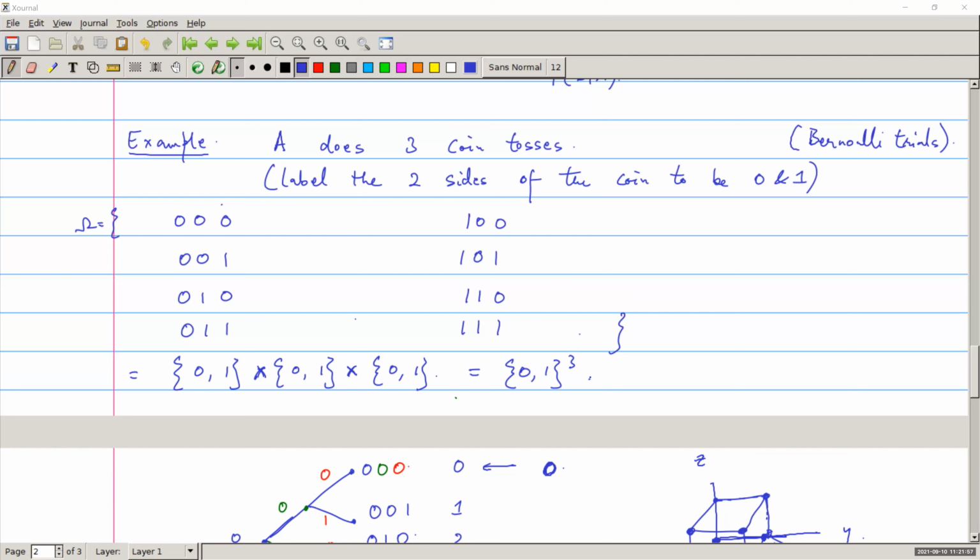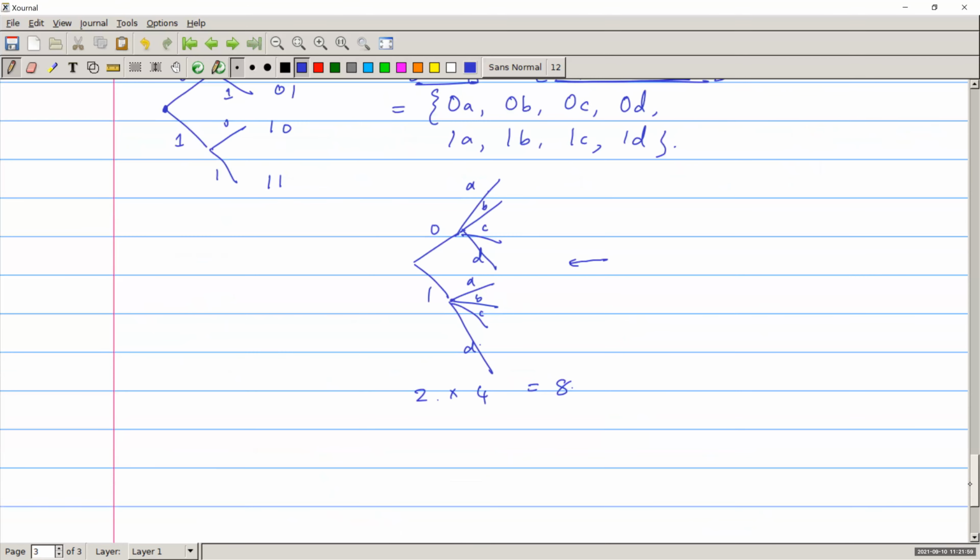If you have a setup like this, the set that you come up with is 0b, 0c, 1a, 1b, 1c, 1d.